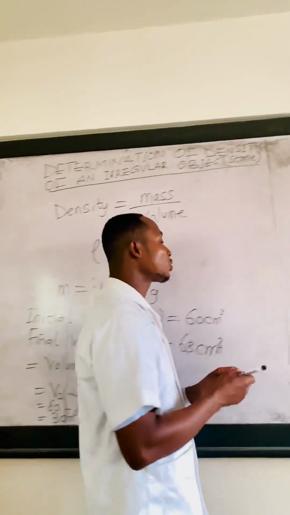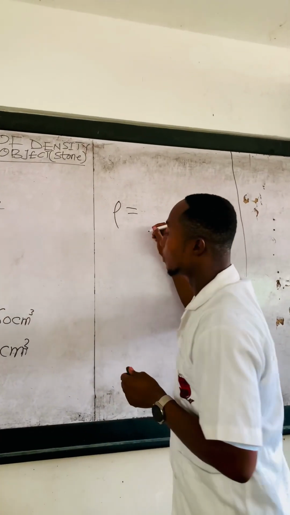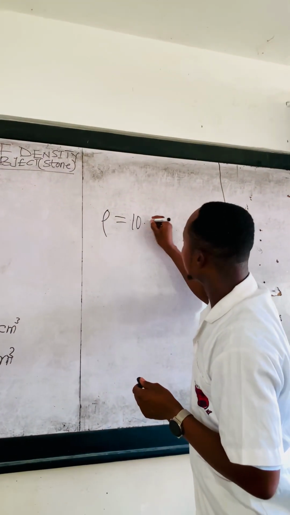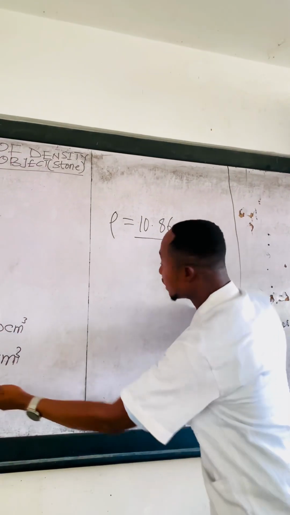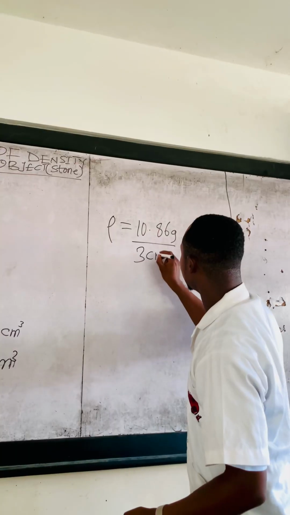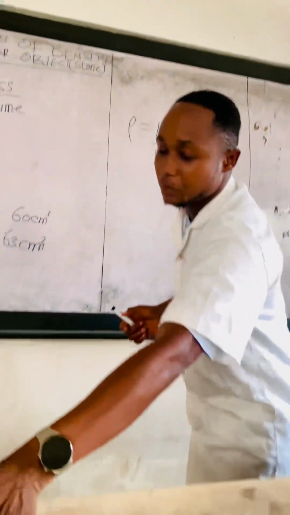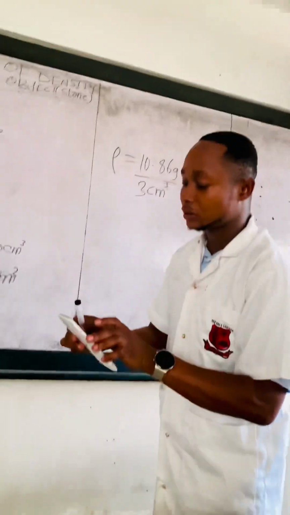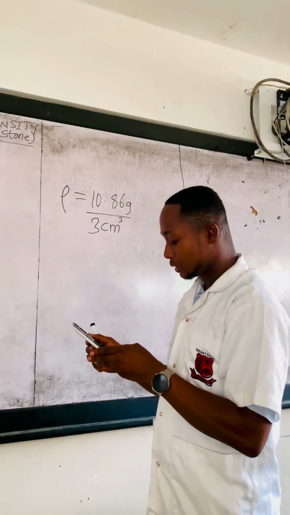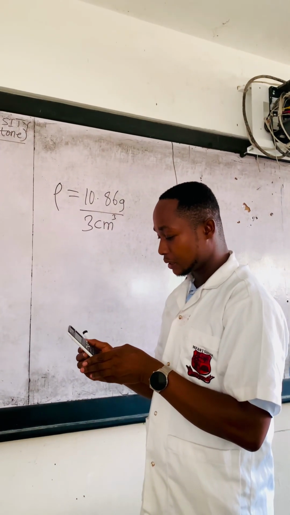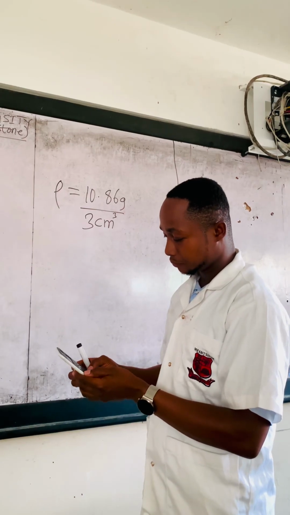From here, we go to the main formula again. Density is equal to mass over volume. So what is the value for mass? 10.86 grams divided by the volume here, 3 centimeters cube. Very simple. I have with me a calculator. I'm going to calculate it. 10.86 divided by 3. What do we get?